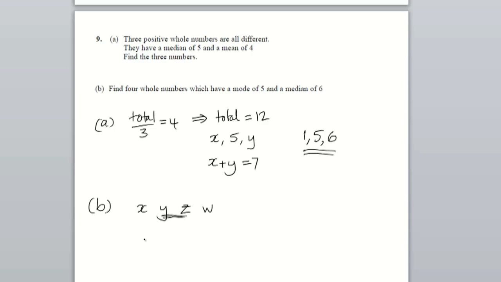So we could have 5, 5, 7 and anything else really, 8. The median is 6, so it's got to be halfway between these middle two. So there we go, 5, 5, 7 and 8. Alright, or 5, 5, 7 and anything else.